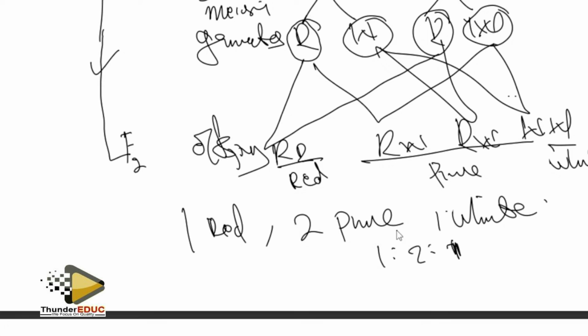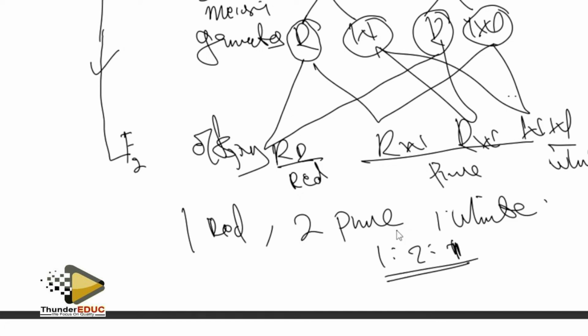Some people, when they ask them the ratio, write the expression, and sometimes when they ask you the expression, they write the percentage. So when they ask you the ratio, please write the ratio.